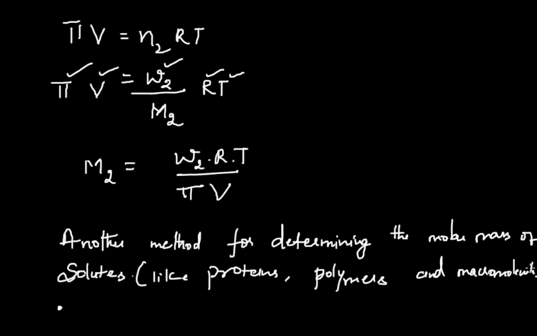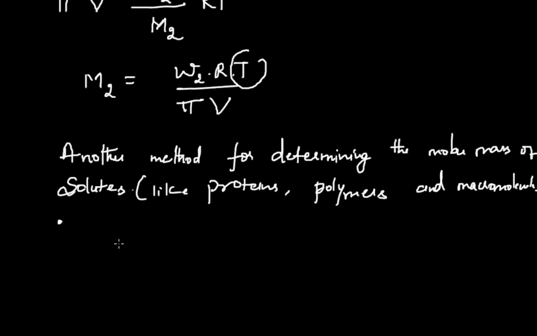The osmotic pressure method of determining the molar mass of solutes also has an advantage over other methods, as pressure measurement is around room temperature, and molarity is used instead of molality.